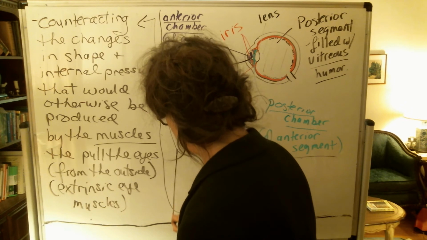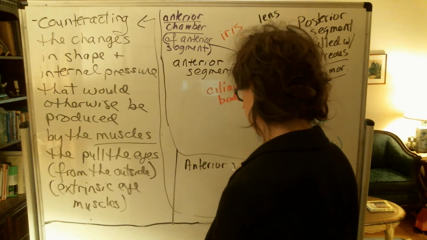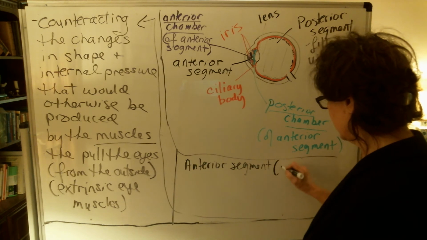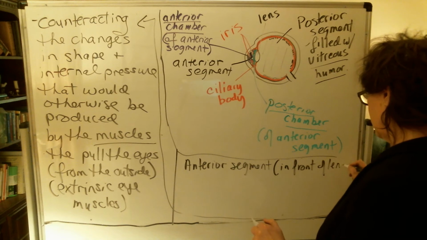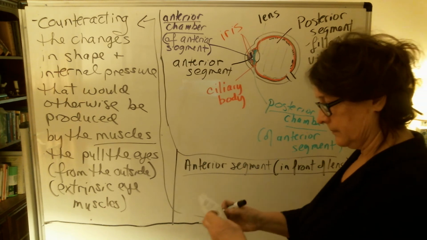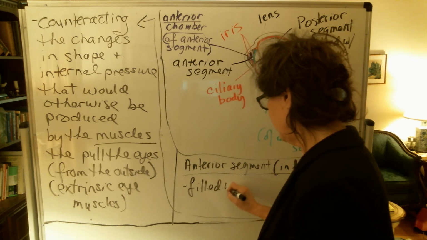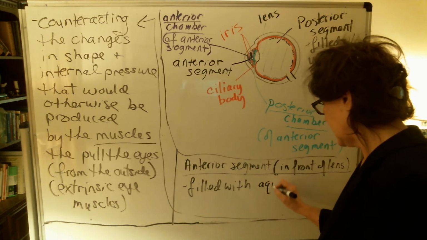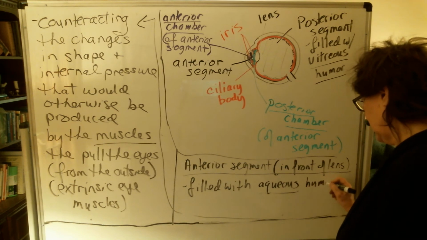So now let's talk about the anterior segment of the eyeball. And remember, this is the part that is in front of the lens. And this is filled with what is called aqueous humor.